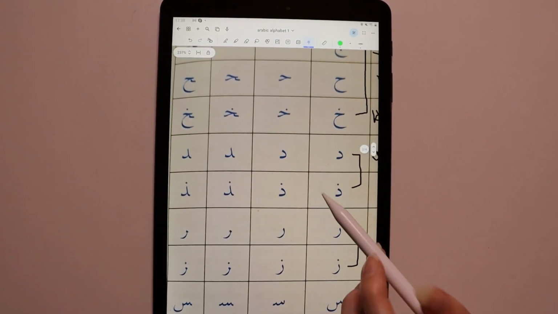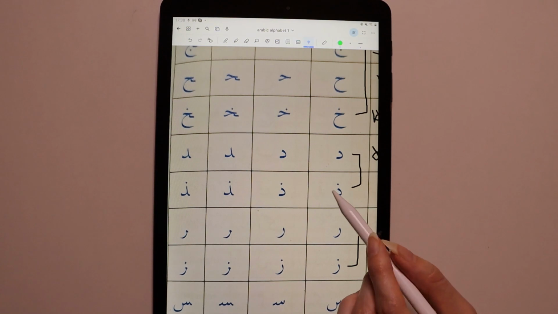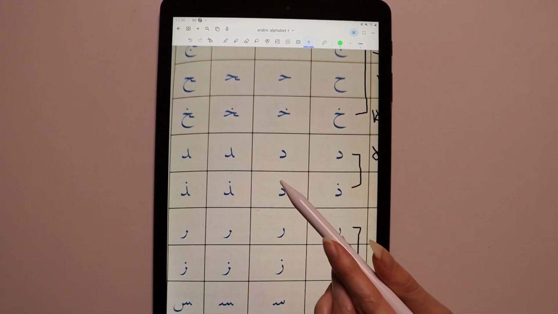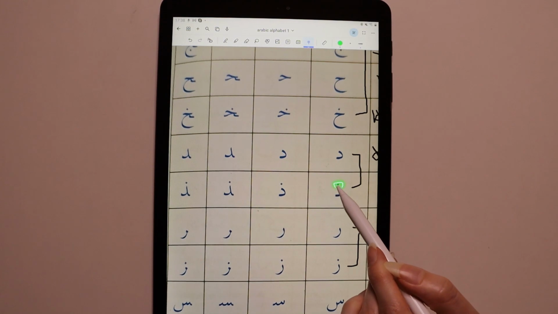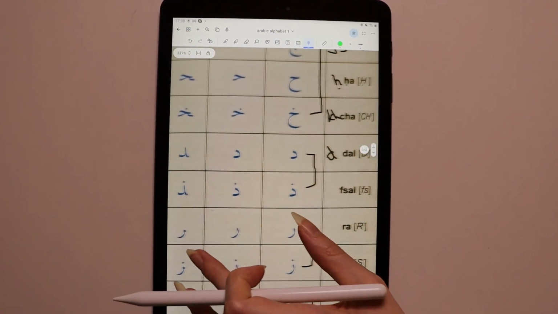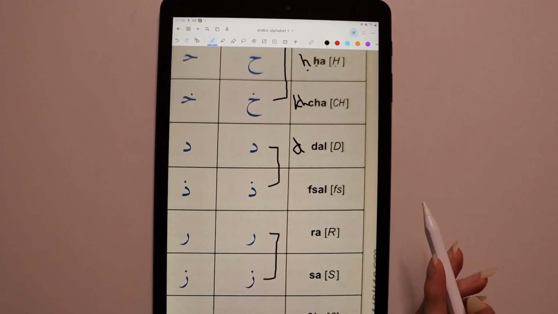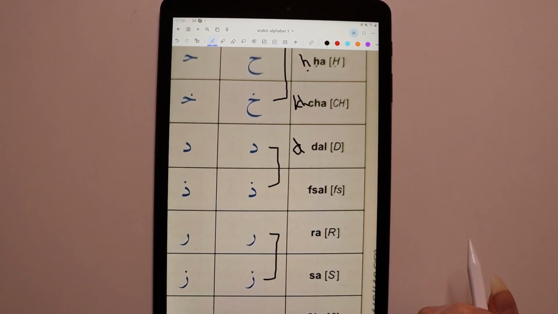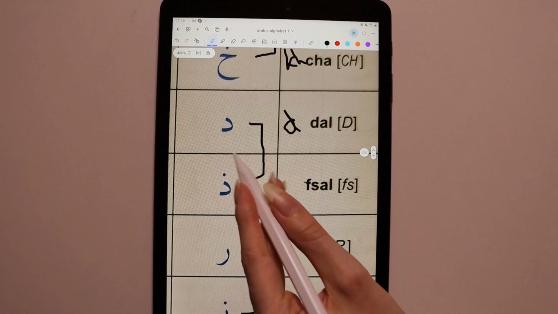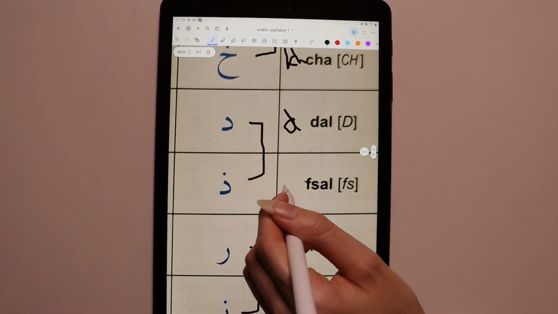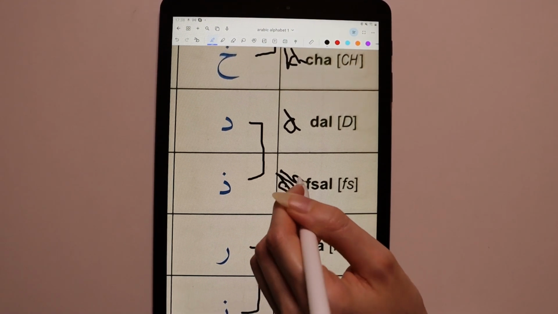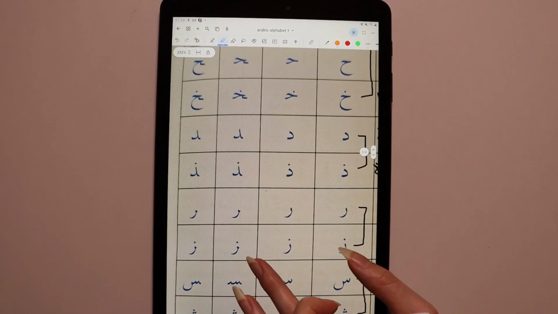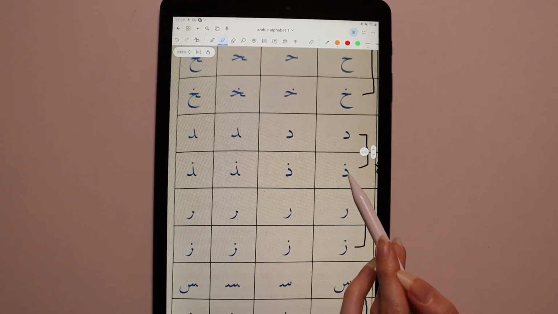And the same goes for the thal. The thal can't be connected either, and it's written the same, but it has a dot on top of it. And the thal is like dhahaba, which means to go, or he went literally in Arabic. So dhahaba. The thal, and yeah, it looks like the dal, but it has a dot on top of it.